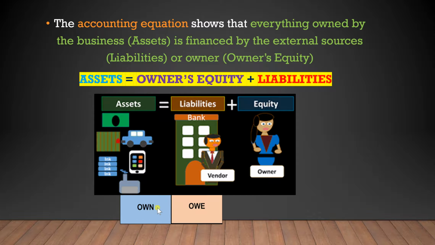So the resources of the business is equivalent to the sources of where the resources come from. The resources are what you own, and the sources are from where these resources are being financed, by the owner or by the external liabilities.